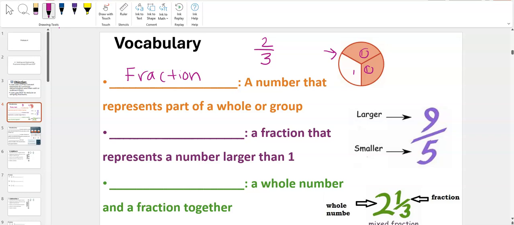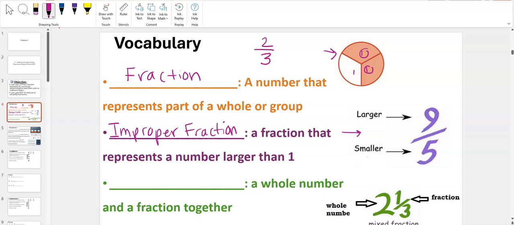Okay. A fraction that represents a number larger than 1, like this one right here, is called an improper fraction. And it's called improper because the top is larger than the bottom, which is not usual for regular old proper fractions. But if I know the top is bigger than the bottom, then I know that there are more parts than there are in one whole.